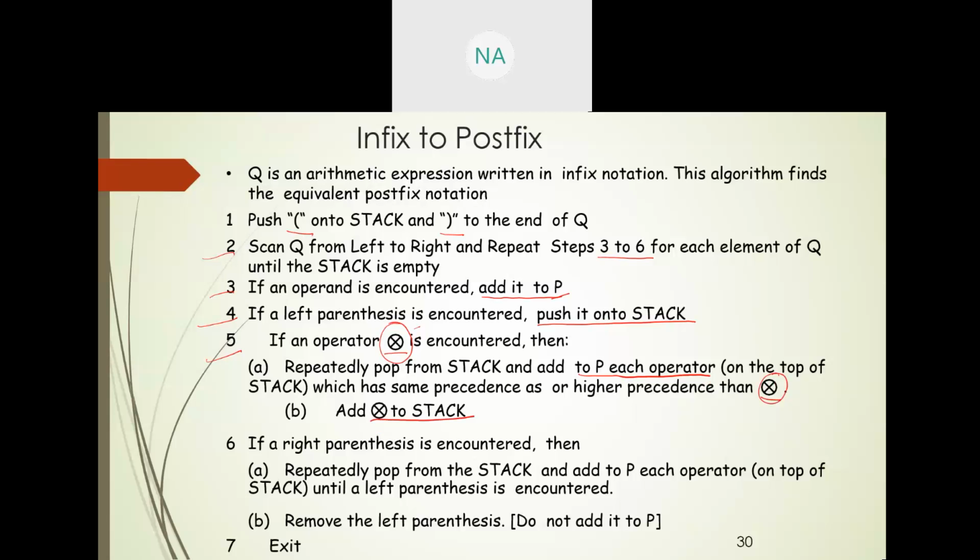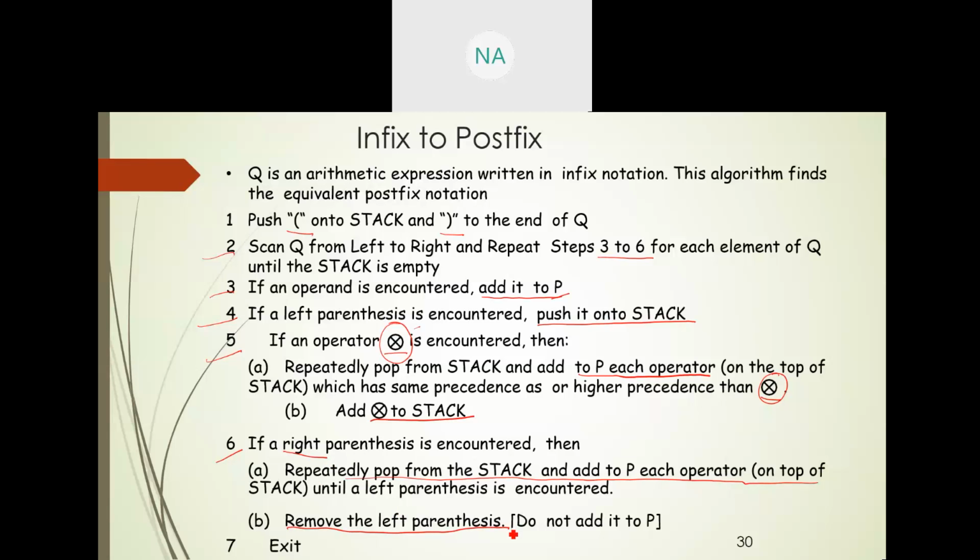This is step 5. Now step 6: if a right parenthesis is encountered, then repeatedly pop from the stack and add to P each operator on the top of the stack until the left parenthesis is encountered. And you remove the left parenthesis.